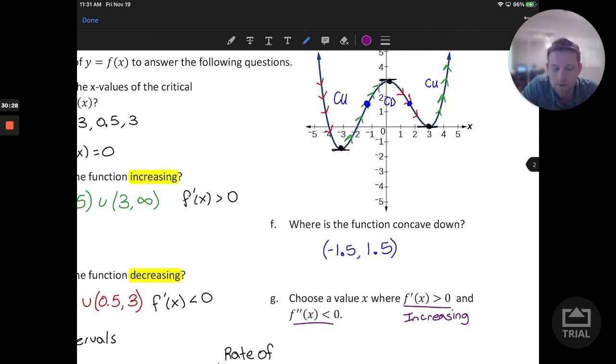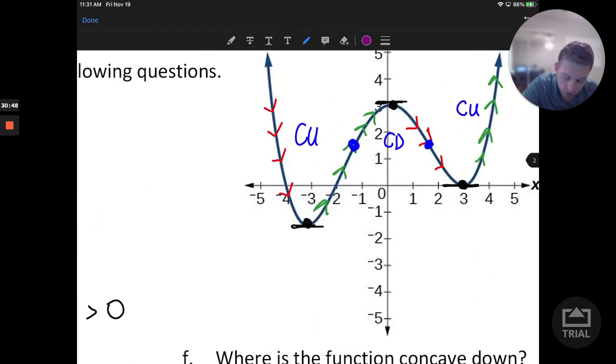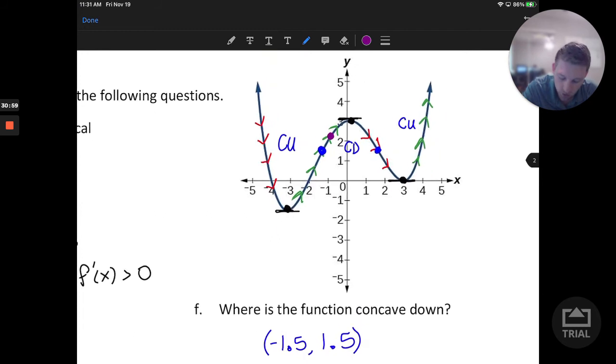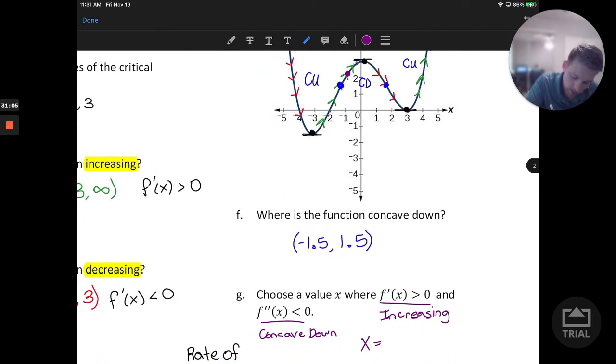And if f double prime is less than 0, that means I'm concave down. So increasing and concave down, if I go to my graph, maybe as a singular point here, we could choose negative 1. Up here at negative 1, we would be increasing in slope, and we're going to be concave down in concavity. So I'll choose x equals negative 1 as one of the choices. That'll work as a solution, just as an example.